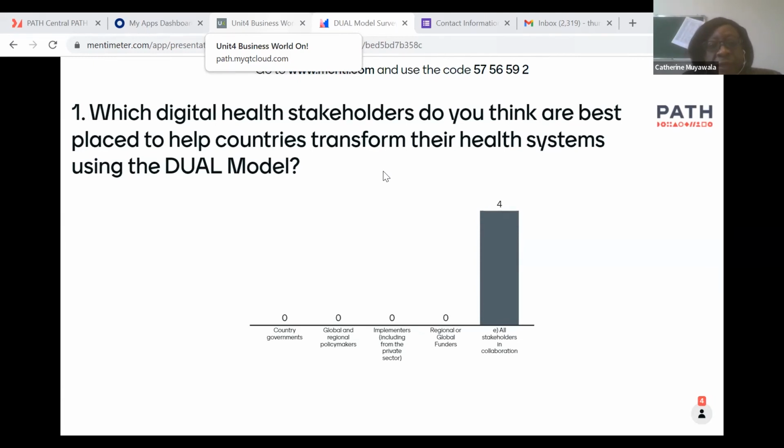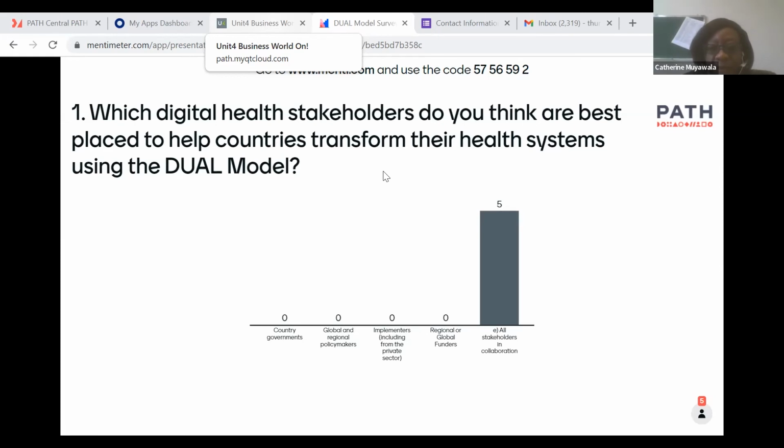Do we think it's the country governments themselves? Could it be the global and or regional policymakers? Could it be the implementers that we learned about, including the private sector? Or is it the regional or global funders? Or do we think that all stakeholders in the collaboration would be best placed?